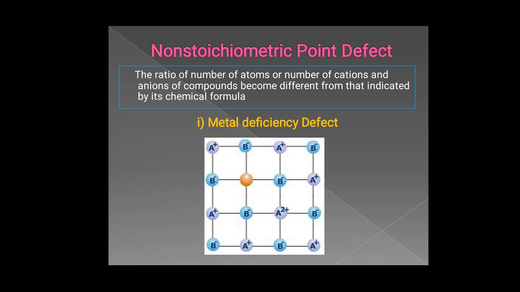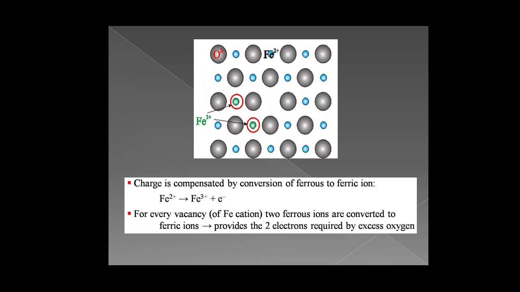To maintain the neutrality, this positive charge is gained by a cation over here, which gains an extra positive charge to balance the neutrality of the crystal. Let us see an example, Fe2 plus and O2 minus. Here, if any of the Fe2 plus is missing, it will be replaced by a higher cation of the same ion, that is iron.